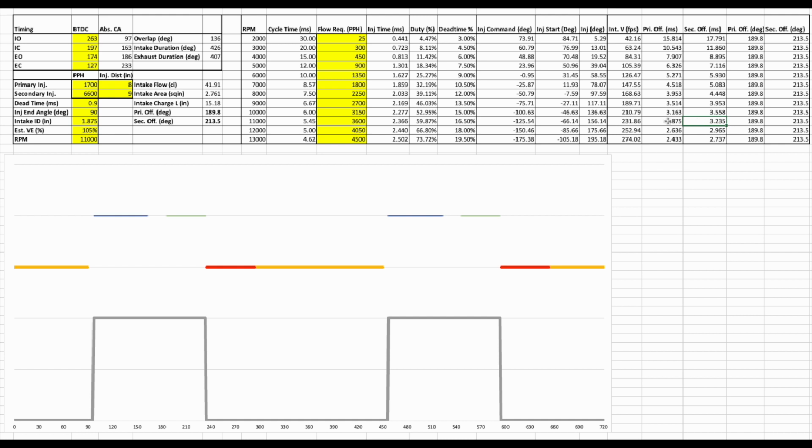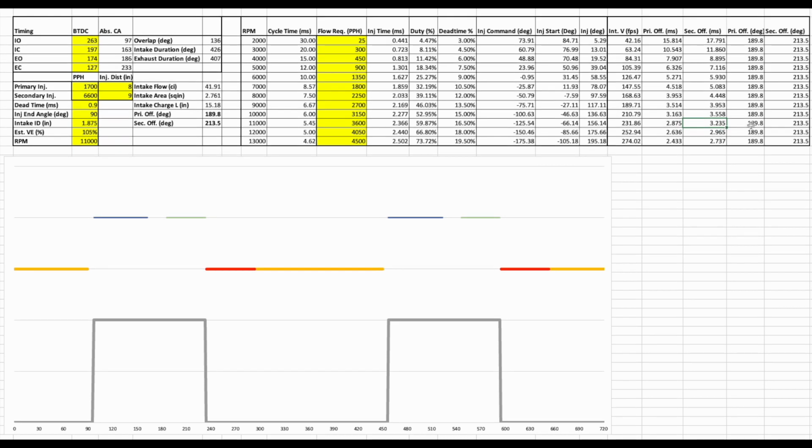And then we convert that back to an angle, which gives us about 190 degrees on the primary and 213 degrees on the secondary. So this angle comes out to be a constant, because you've got a velocity over a velocity, so you end up with basically a straight angle calculation out the end.